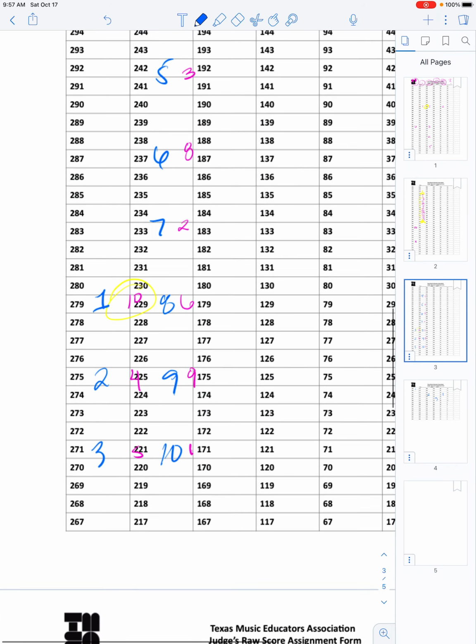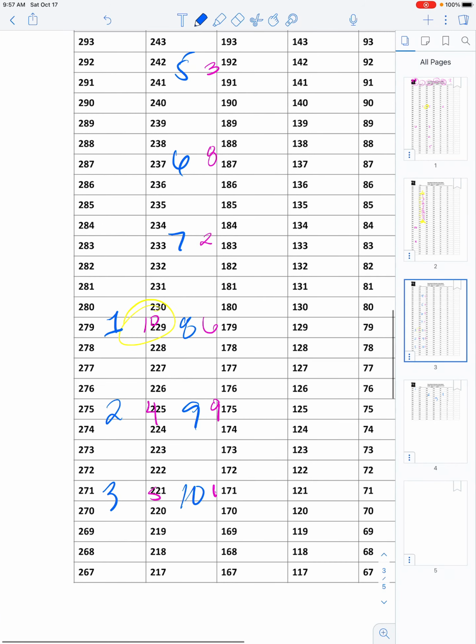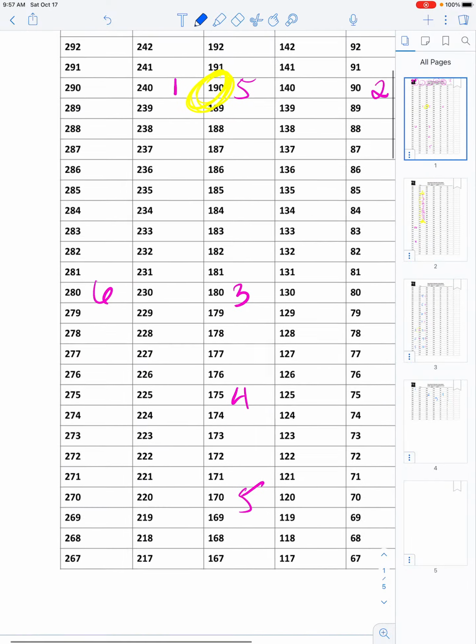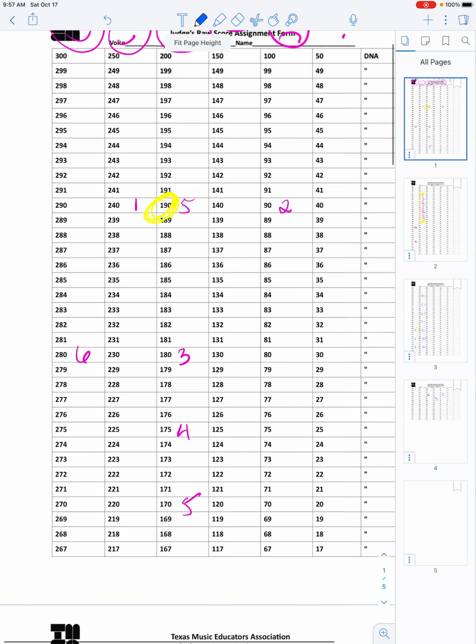Spreading out is fine. Remember, the blue number is the rank, okay? The score no one sees.